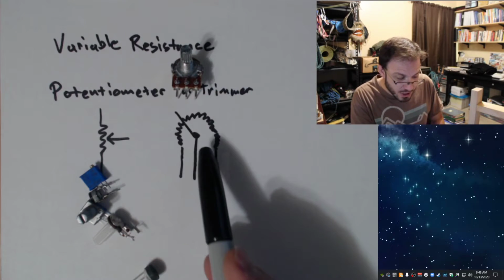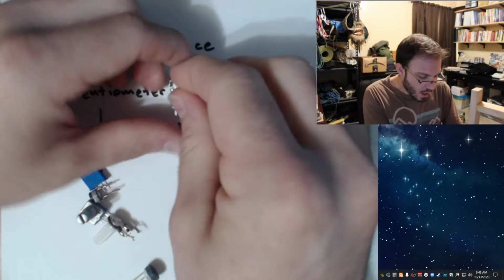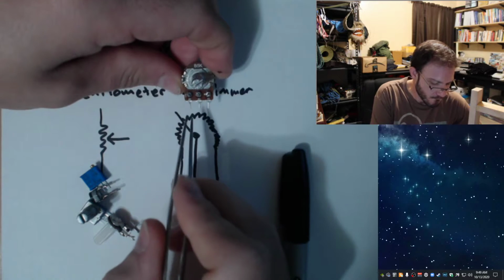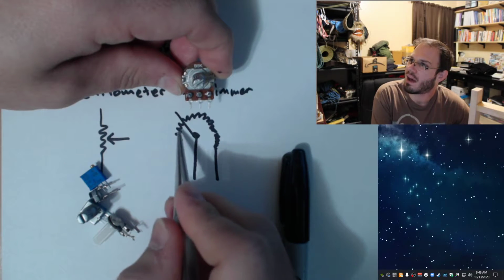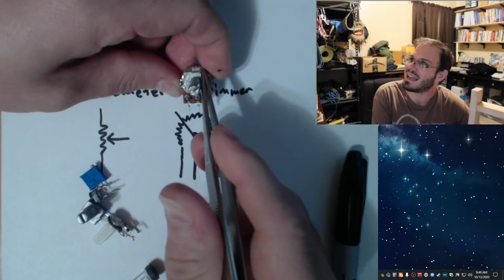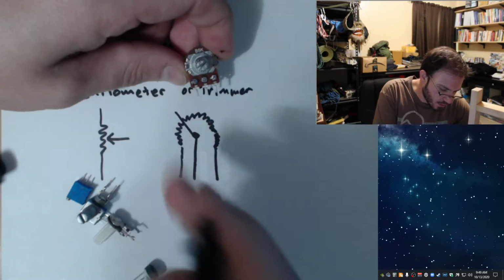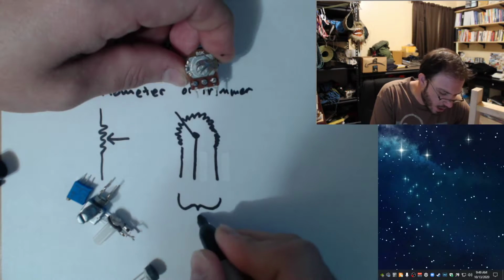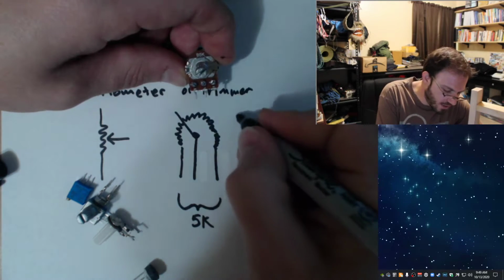And so if you imagine that the shaft is actually poking out of the paper, between my left terminal and my right terminal, I have a fixed value resistance. So in this case, this says 5K up here. So between here and here, I have 5K. So this is known as a 5K pot.